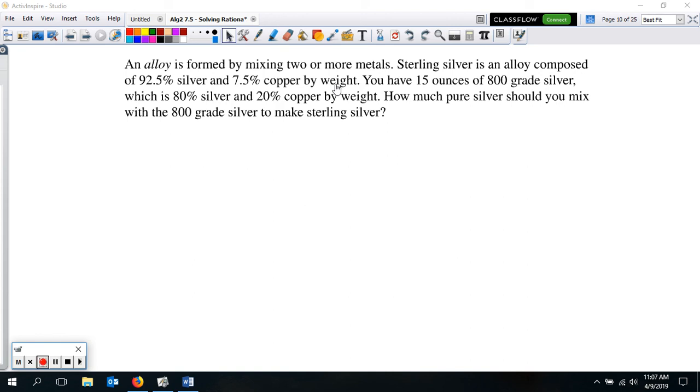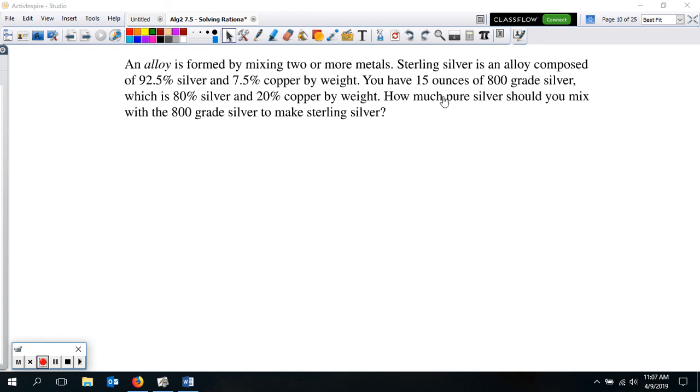So actually, when you're buying that sterling silver, there's actually 7.5% copper in that. It says you have 15 ounces of 800 grade silver, which is 80% silver and 20% copper by weight. How much pure silver should you mix with the 800 grade silver to make sterling silver?